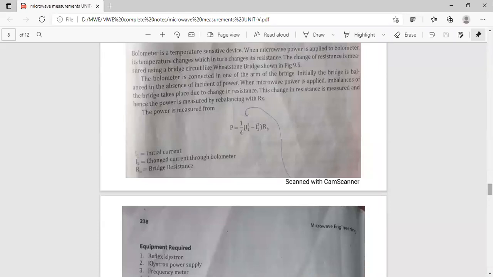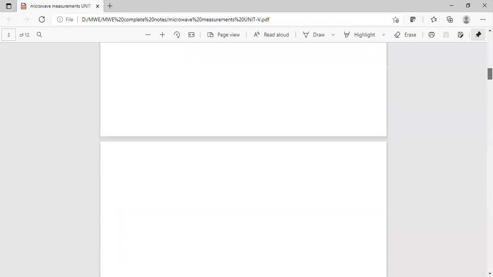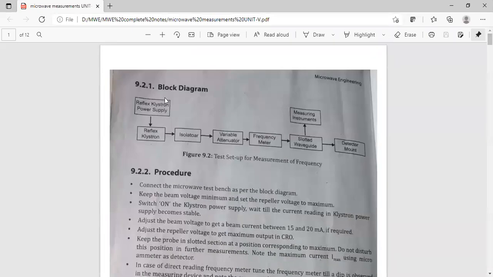So similarly, whatever we discussed from morning, everything is there. This is the block diagram of frequency measurement: reflex klystron, power supply, isolator, variable attenuator, frequency meter, slotted waveguide. Here the measuring instrument is generally the slotted waveguide, not the frequency meter.